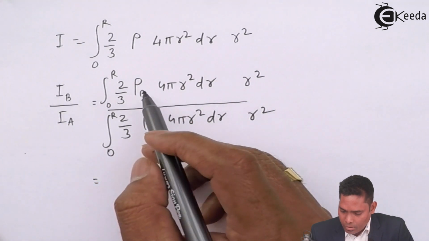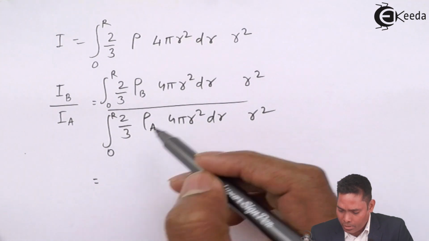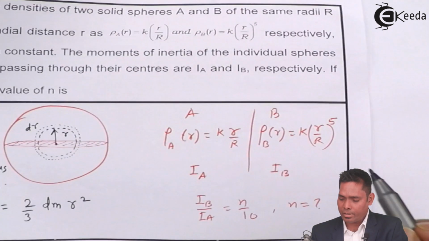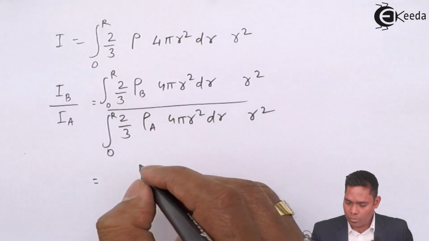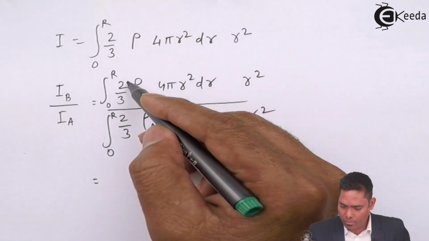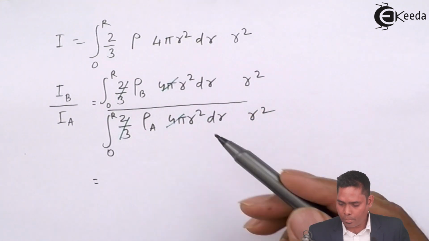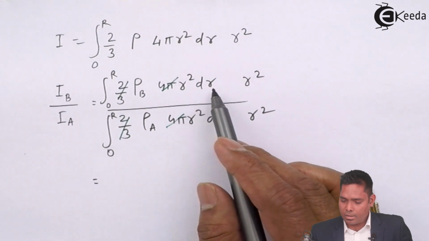So the 4 pi and 2 by 3 will all cancel out. The density of B is given as this with respect to r, which I will substitute here. The r will not cancel, because r is the variable.